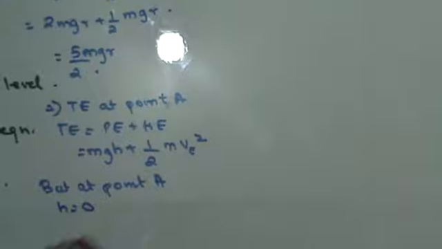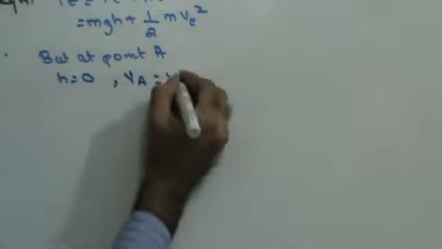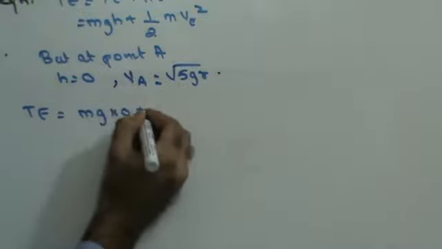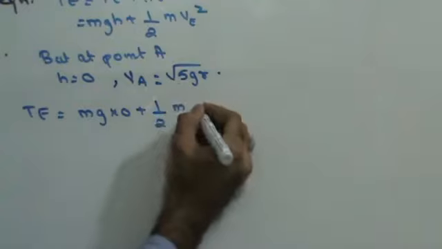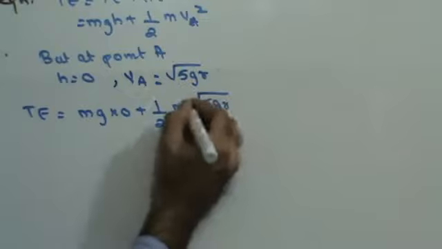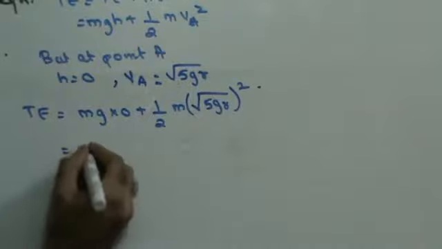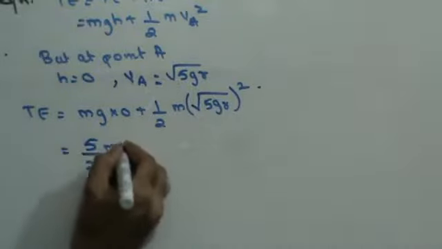The value of h will be 0, and at point A, we have found out that velocity at point A is nothing but square root of 5gr. Therefore, I can say total energy is m into g into 0 plus half m, square root of 5gr the whole square. Right, so this is going to be nothing but 0 plus 5 upon 2 mgr.